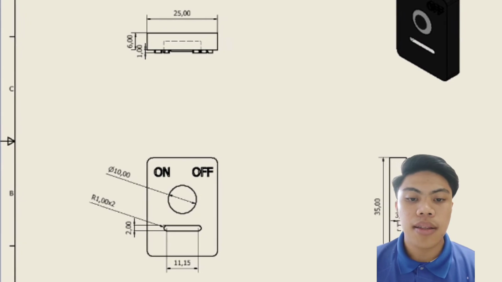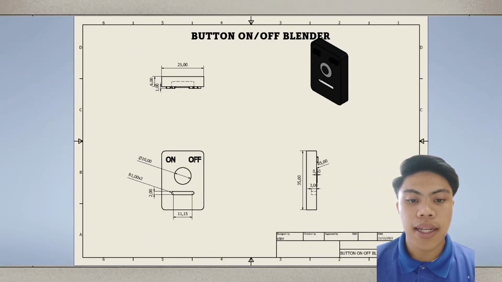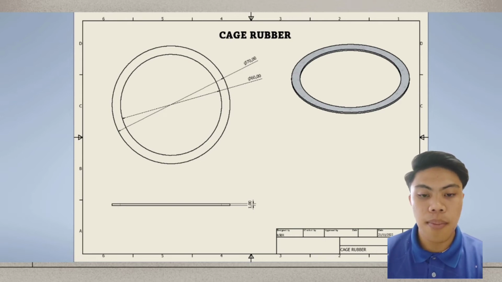This part is made to turn on or turn off the blender. The 11th part is cage rubber. The cage rubber is made from rubber and it has 70mm of outer diameter and 60mm of inner diameter. This rubber is made to prevent leaks of our blender.